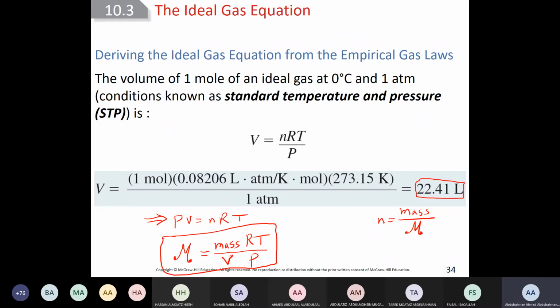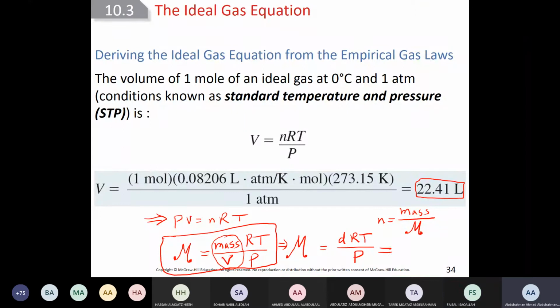How about mass over V? Density, d. So I can say that molar mass is equal to what? Density d times RT over P. Mass over volume is density, I change it to density.